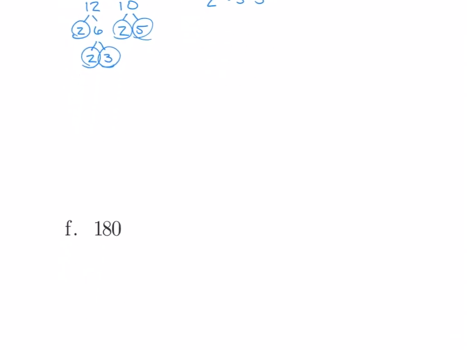All right, last one. Let's look at 180. So again, I want to know 2 numbers that multiply to 180. I'm going to go 18 and 10. 18 is equal to 3 times 6. 10 is equal to 2 times 3. I'm sorry, 2 times 5. I got 3 on the brain.